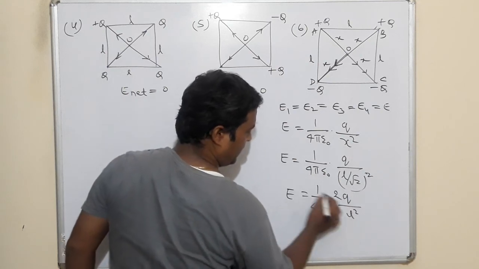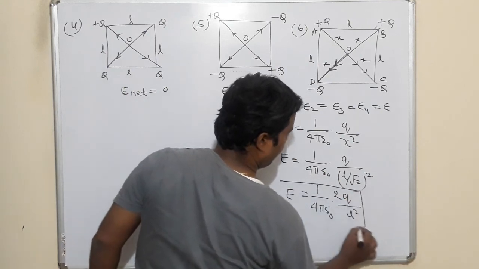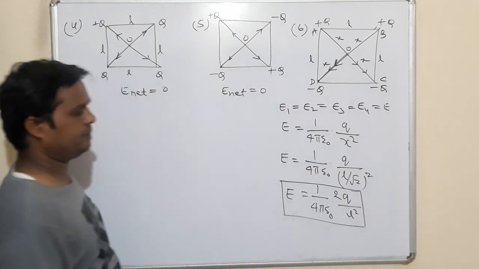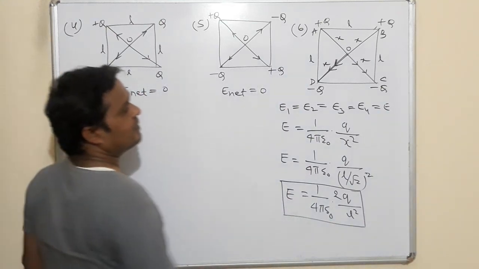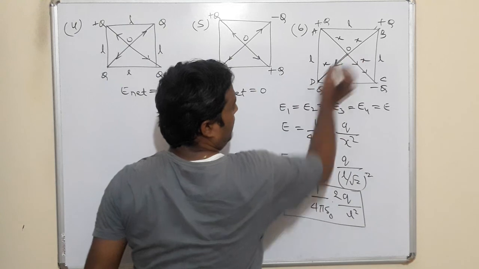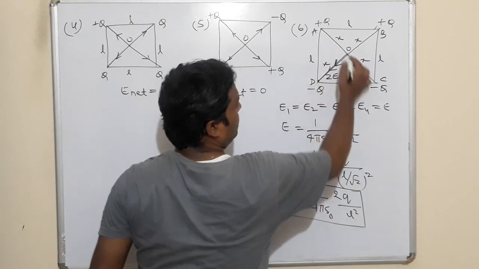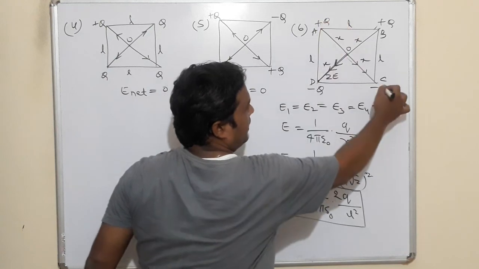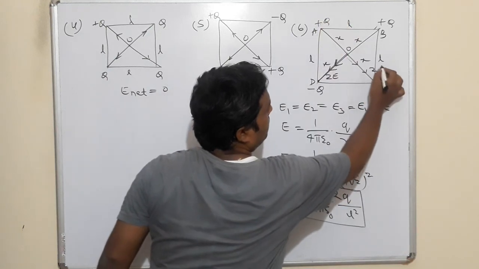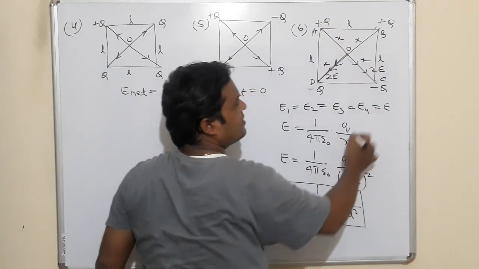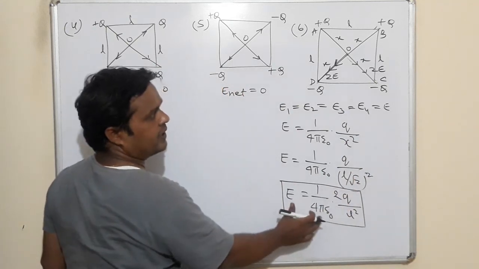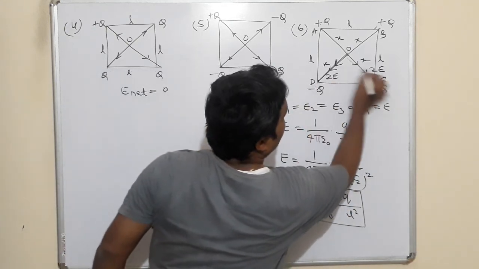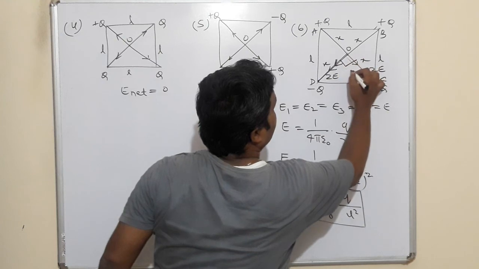That 2 we will write here. Then each field will be equal to this much. One field, two field will be in this direction, 2E. This charge E, this charge another E. 2E will be in this direction, each E equal to this much. The angle between this 2E and 2E will be 90 degrees.